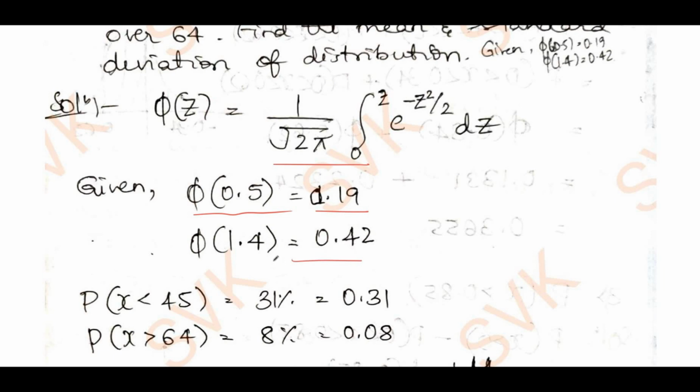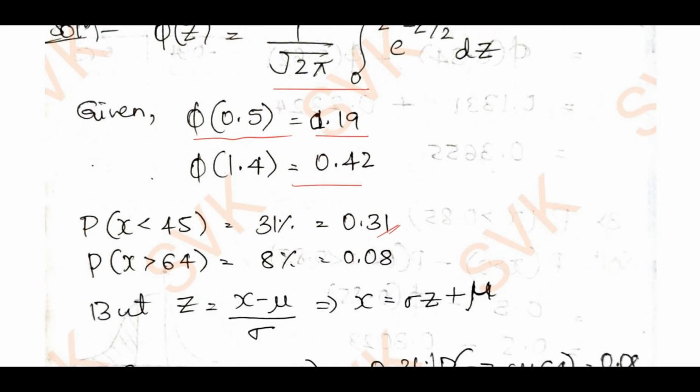Using these two values, we can solve this problem easily. Also, they have provided probability of x less than 45 is equal to 31%, that is 0.31 in decimal, and probability of x greater than 64 is 0.08 in decimal.